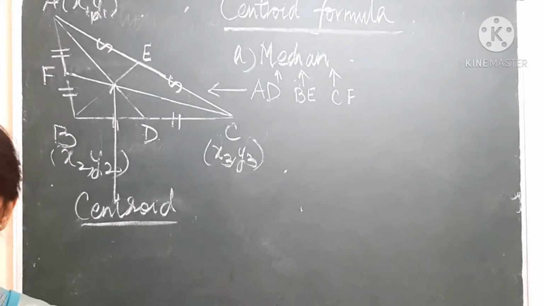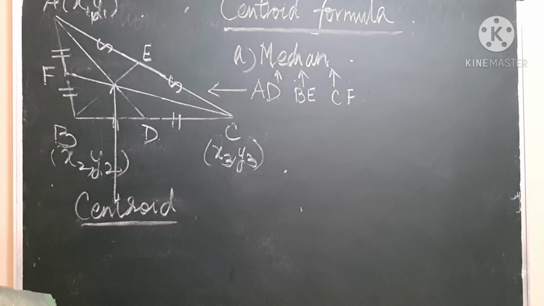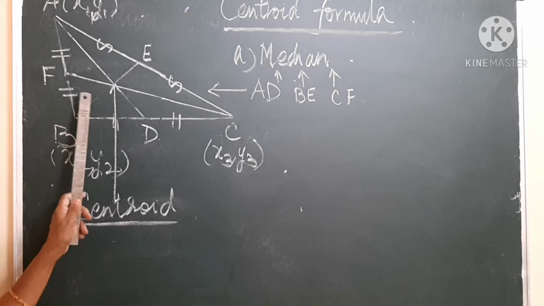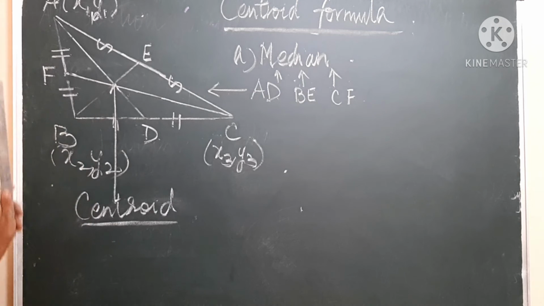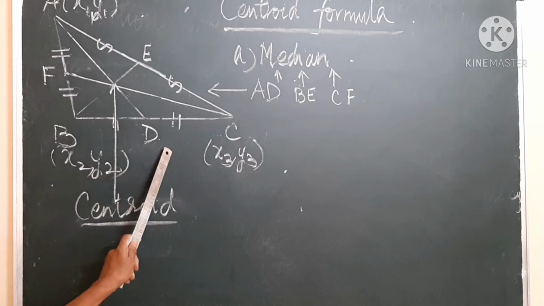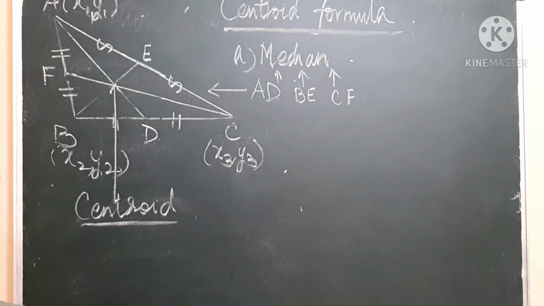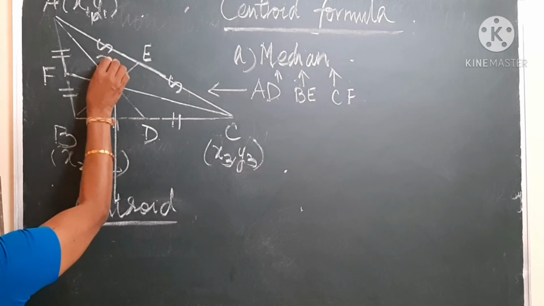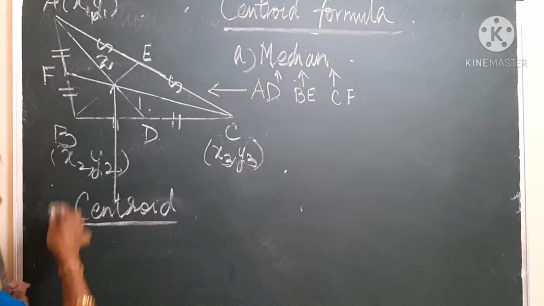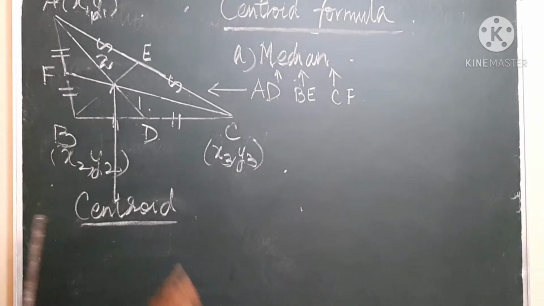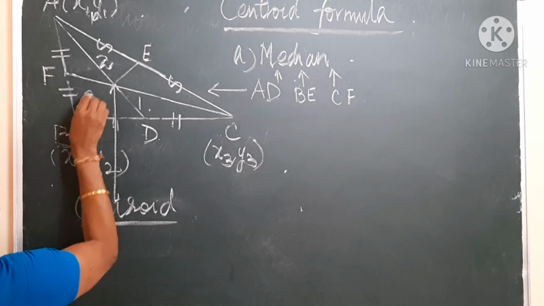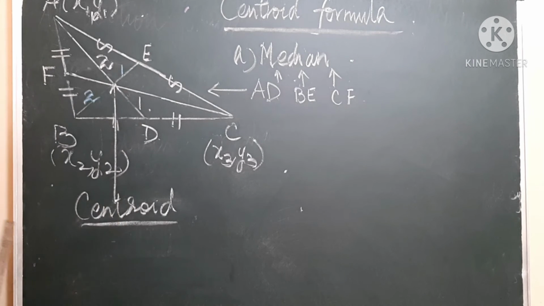Now, which is the property of the centroid that we have studied earlier? We have studied that the centroid divides the given median, that is AD, in the ratio of 2:1. Again, for BE the ratio will be 2:1.